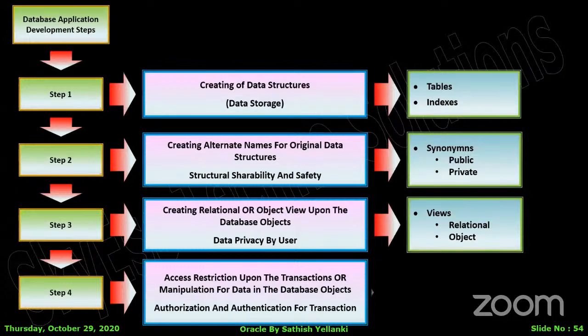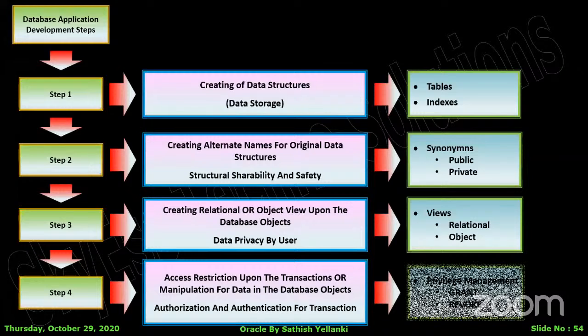And in Oracle-like environments, we implement this by granting the permissions and revoking the permissions. Okay, we call that privilege management. Under this privilege management, we grant the permissions and we revoke the permissions. If these 4 stages are successfully completed, our SQL is completed, man.